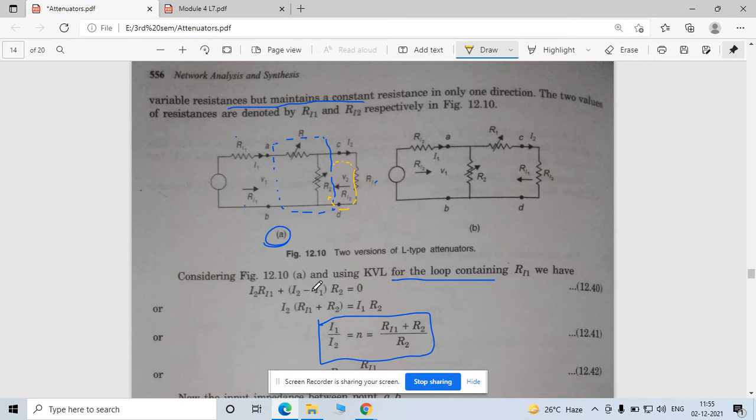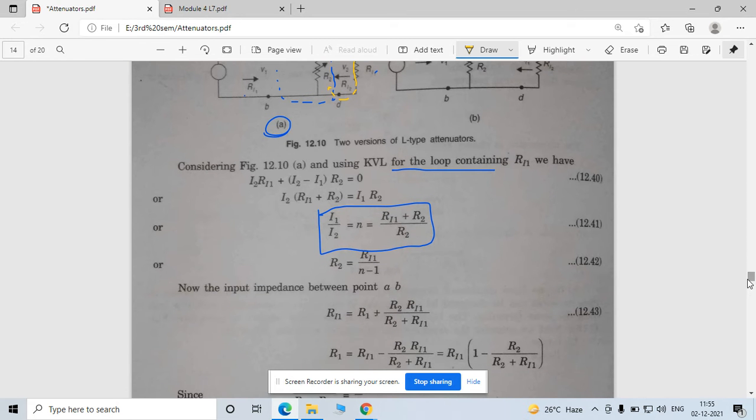Now separate this equation into the ratio I1 by I2, so you will get Ri1 plus R2 divided by R2. In the same way, you can easily find this R2 value, which is nothing but Ri1 divided by n minus 1.